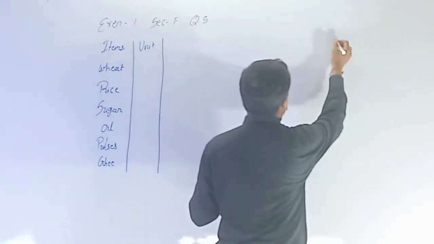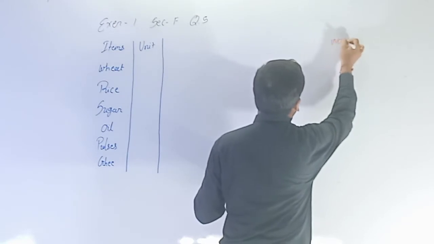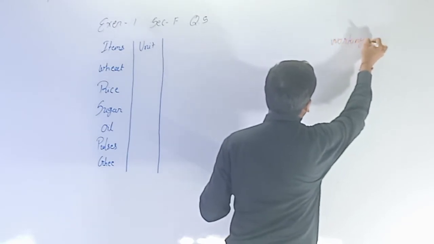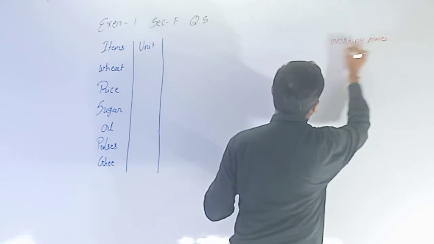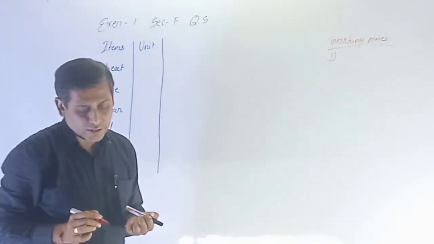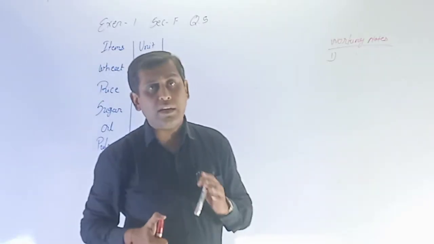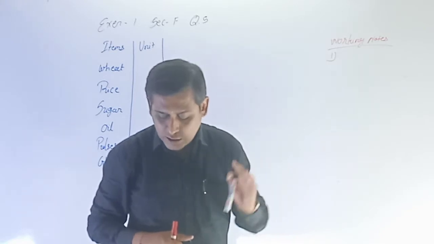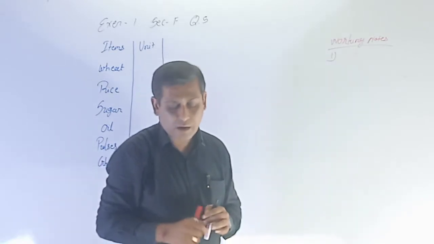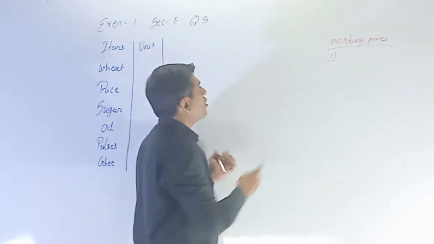Working notes. First one, wheat. In the wheat unit column, quintal is given, and in the quantity column, that is the consumption column, kg is given.